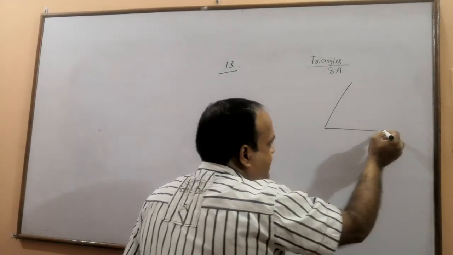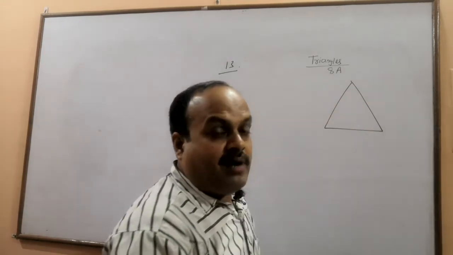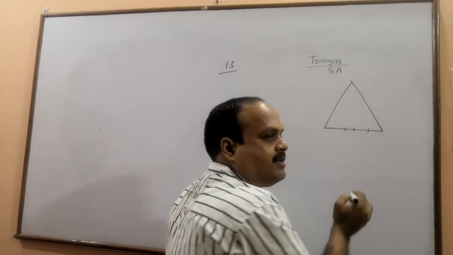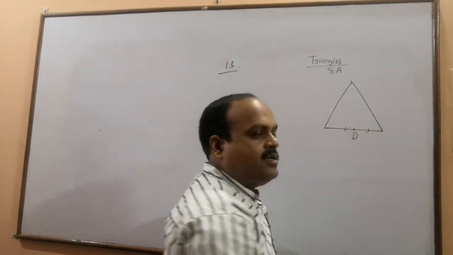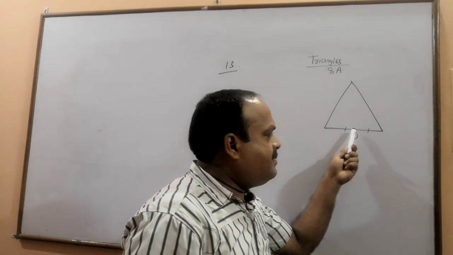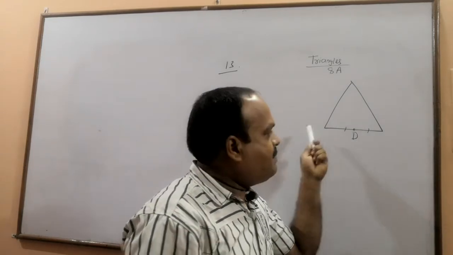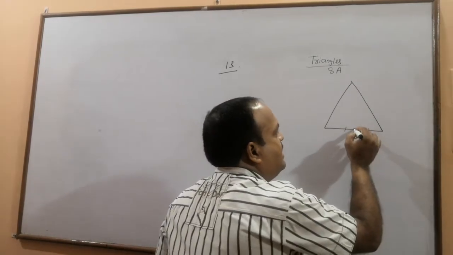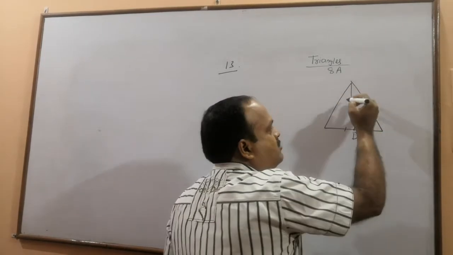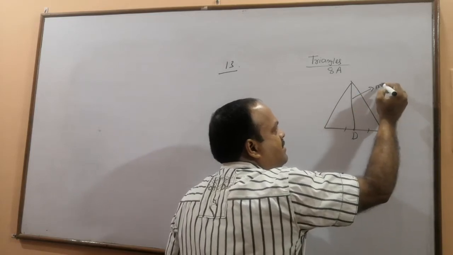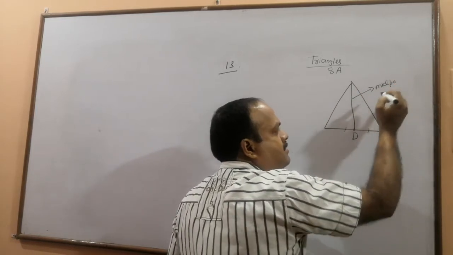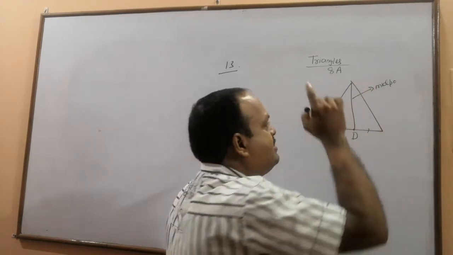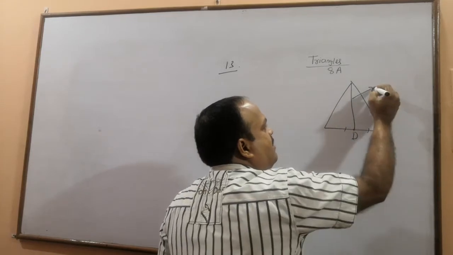I draw a triangle and mark the midpoint of this side here as D. So when I join this midpoint D of this side with the opposite vertex, then only I will get the median, not the midpoint. Then only this will be called a median.